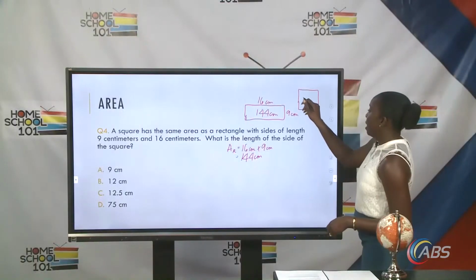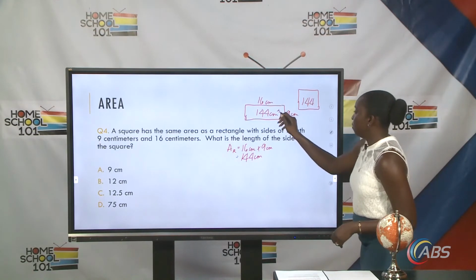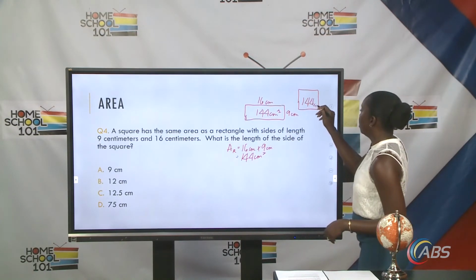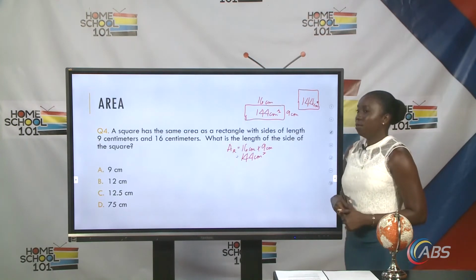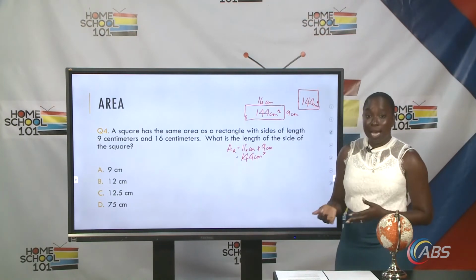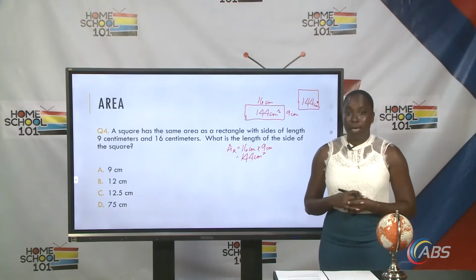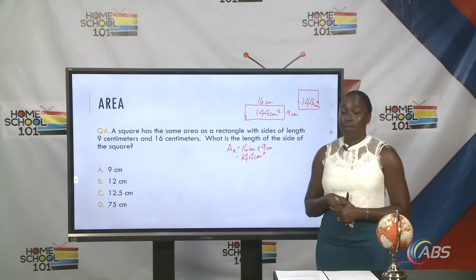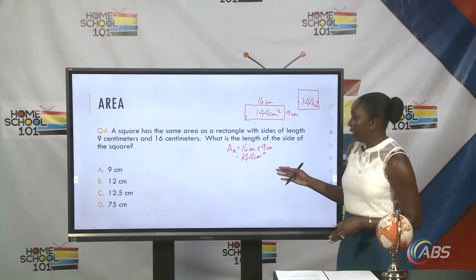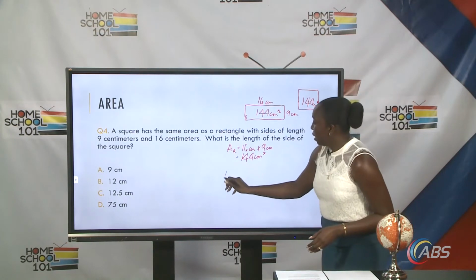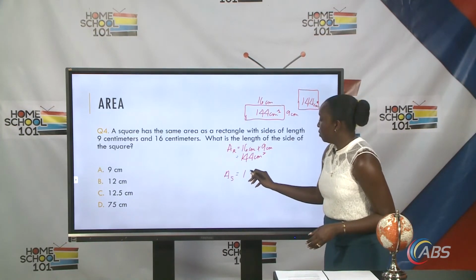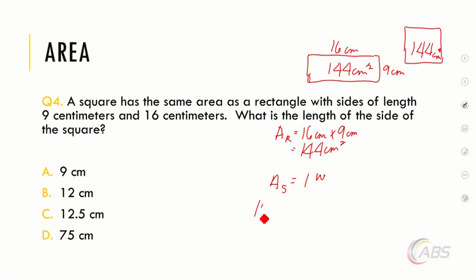Now, this also means that the area of the square is 144 centimeters squared. Okay? Now, what do we know about a square? A square has equal sides. So because the square has equal sides, we're going to have to find the square root of 144. All right? So the area of the square, which we know is length times width, is 144, so we're going to have to find the square root of 144, because both the length and the width have the same value.